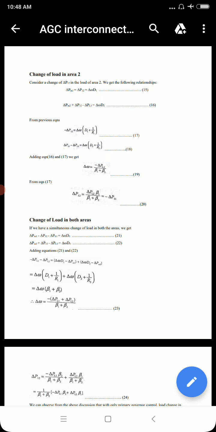So using the previous equations we can write minus delta PL2 is equal to delta omega into (D1 plus 1 over R1), and delta P12 minus delta PL2 is equal to delta omega into (D2 plus 1 over R2). So we have these two equations, 17 and 18.